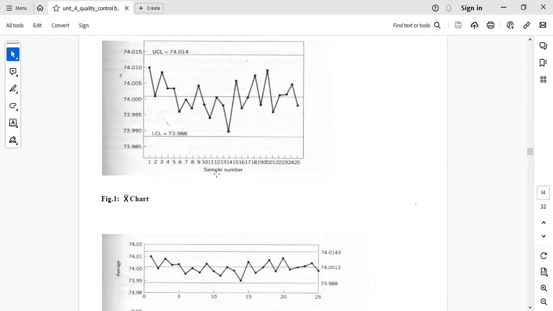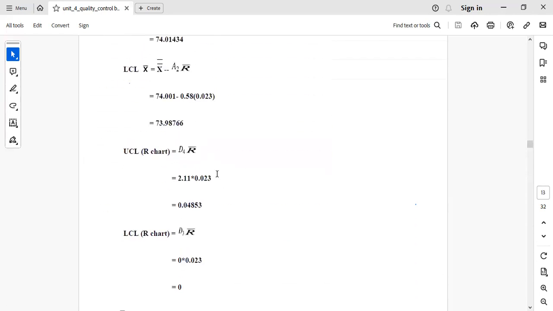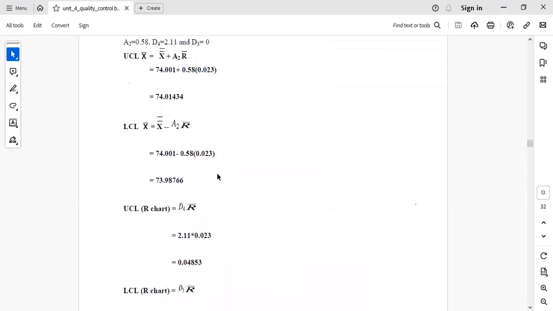So what you do is you ensure that you get the average of each sample, then get the average of those averages. And then use the mathematics to get the control limits, like in this case. Then the control limits will be what is allowed, up to what extent you can have that deviation.